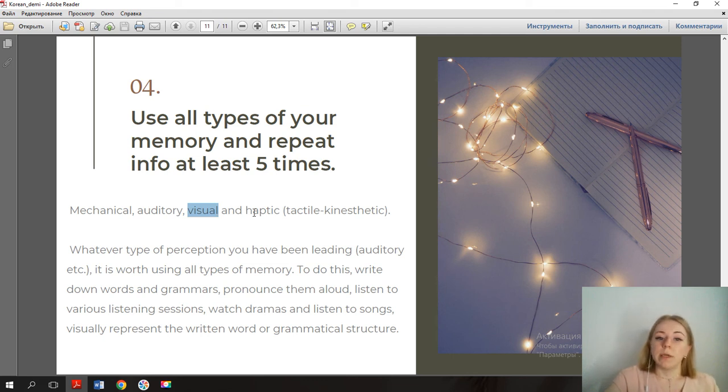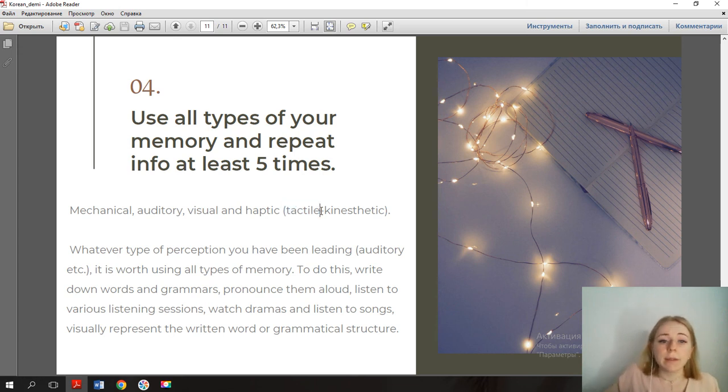And haptic, it's about tactile, kinesthetic. Mechanical is more like haptic, something like that. More like tactile. For example, kids are haptic because they study with gaming. They're touching the ball and they can remember something. They can study with games.